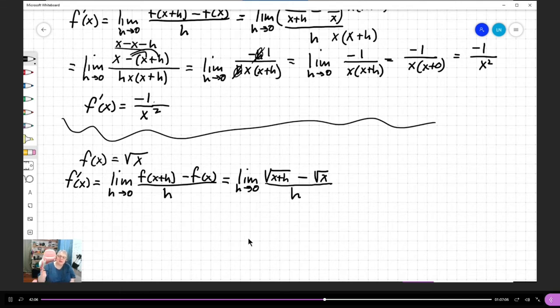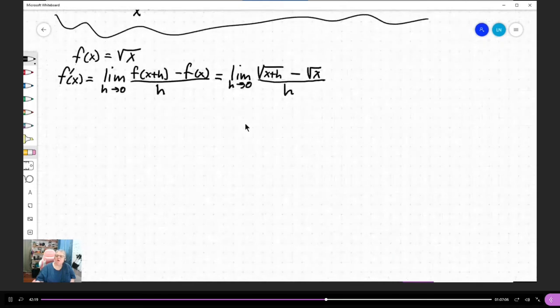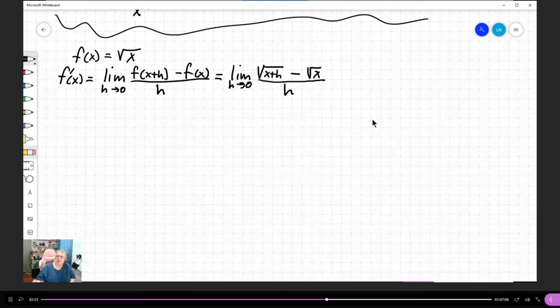I need to get that stuff that's underneath the square root signs out. So to get it out, I have to rationalize it. To rationalize a square root like this, you multiply by the conjugate, top and bottom. Normally you would see this if you had square roots in the denominator of a fraction, you would want to get them out of there. In this case, I want to get the square roots out of the numerator.